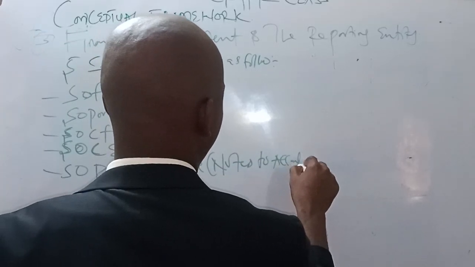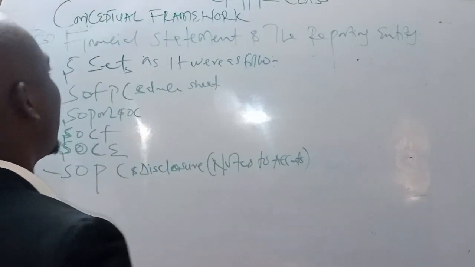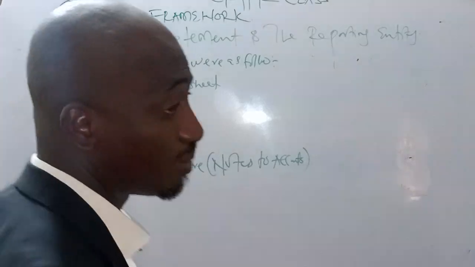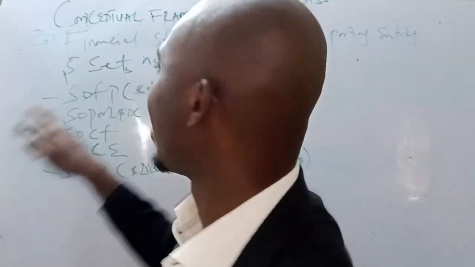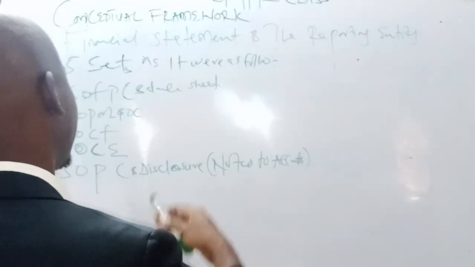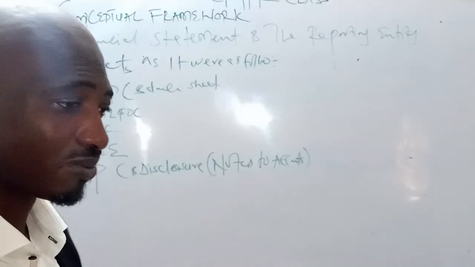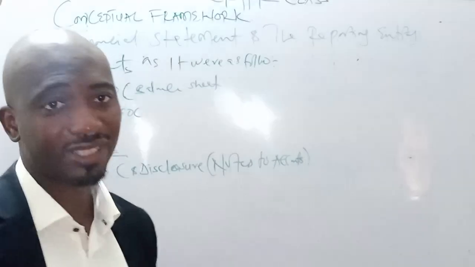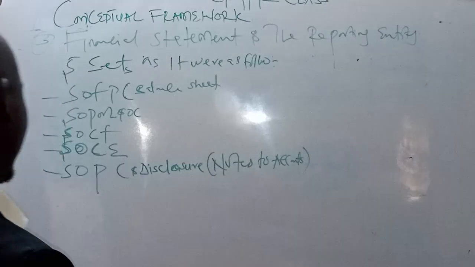So these are the 5 sets of statements that you have in your financial report. When we're talking about financial statements, the whole financial report, these are all that it contains. There is no standard that gave details of this before the conceptual framework. It was when they revised IAS 1 that we have some of these things in IAS 1. So that is that for that.